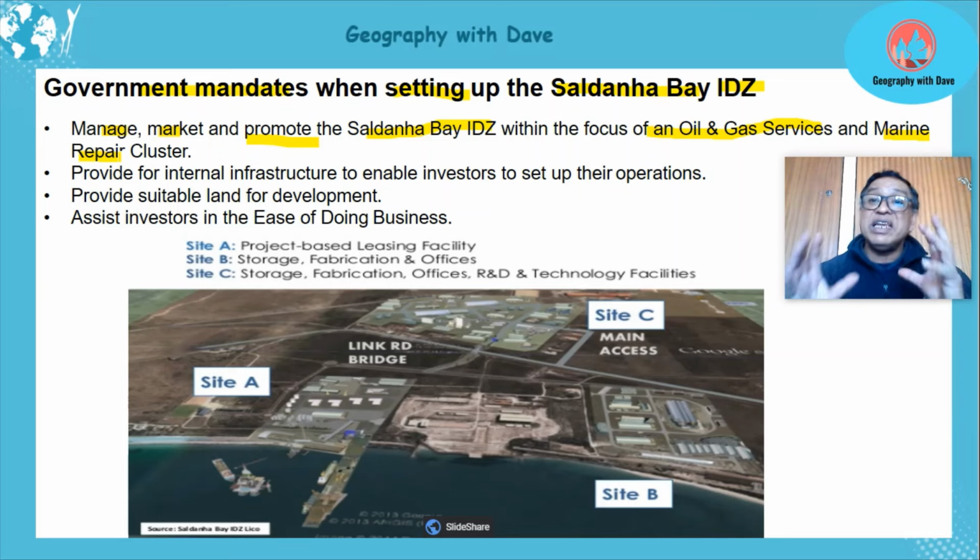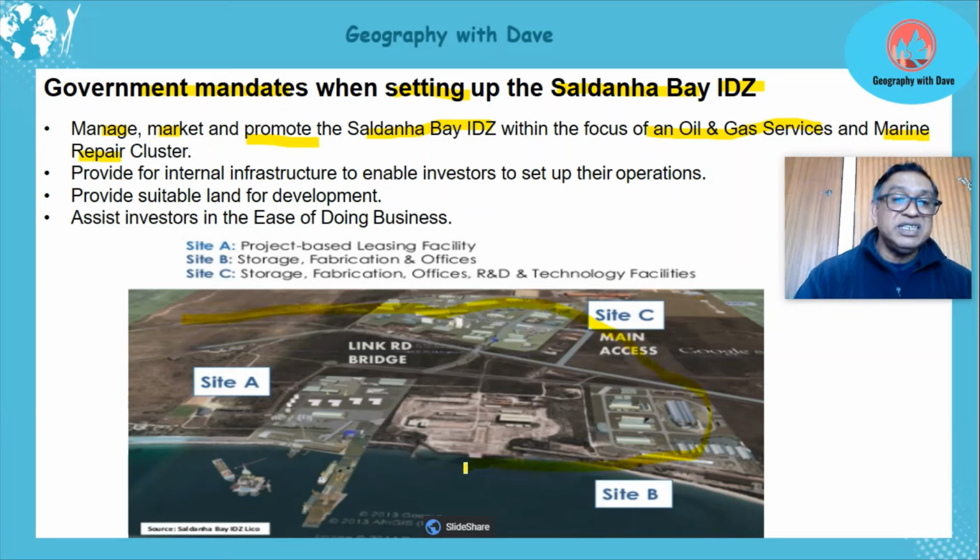The oil and gas services that are offered here and repairing of marine shipping, etc. That was the main purpose. Remember, we said it's sector specific. You can see here the establishment of it, huge in this area. There's your port here. Provide internal infrastructure to enable investors to set up operations.